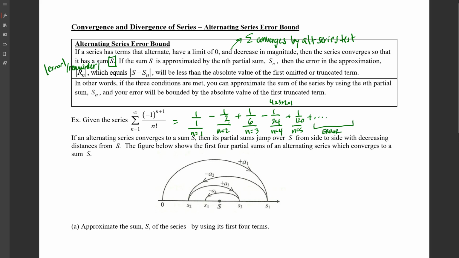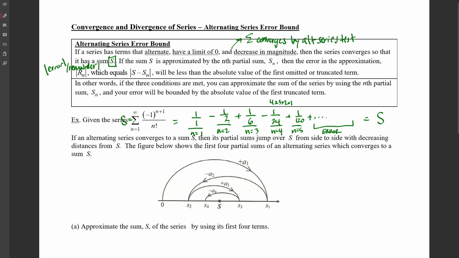If I call this my sum, so if I say this is the sum of all of these numbers added together, okay, this will be the sum, all right? But I don't want to do it to infinity because that would take me all day long. I don't have that much time. So I'll just say if I stop right here, this number plus my error will be my total sum, or my total S, okay?